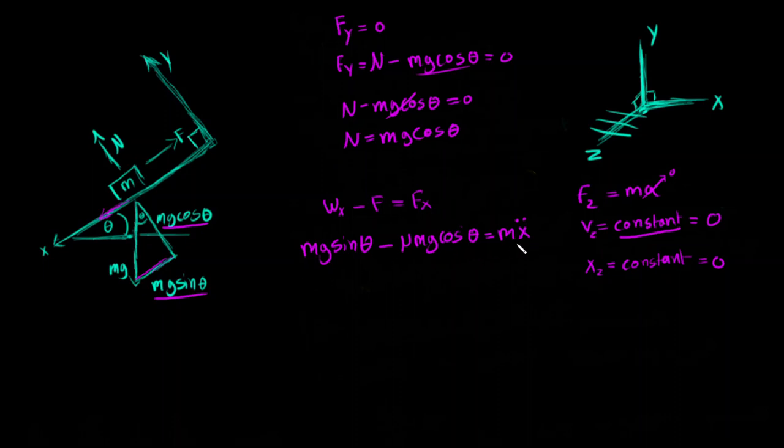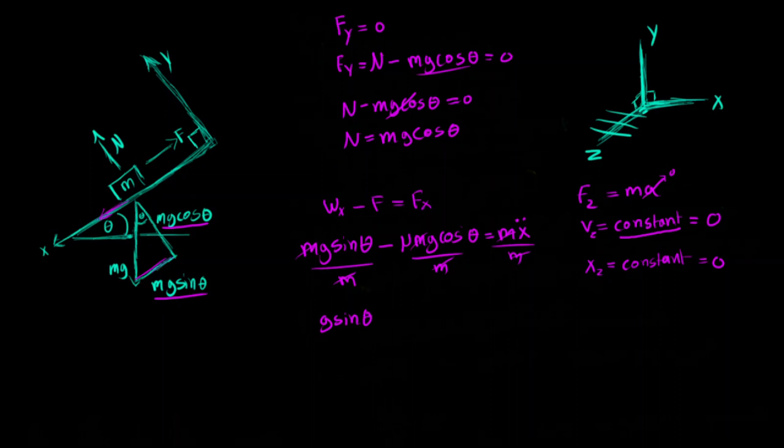So now we could divide both sides by m. Now we're going to be left with, cancel m out here, cancel m out here, m cancels here. We got g sine theta.